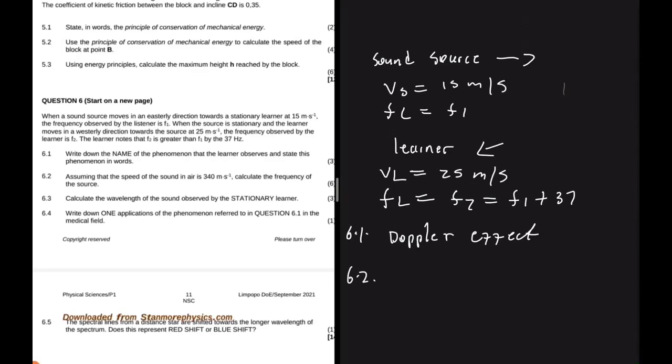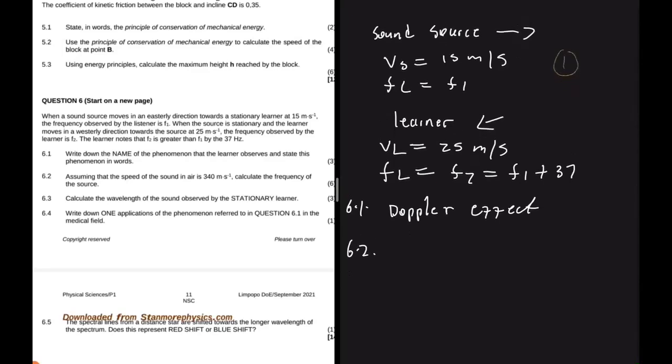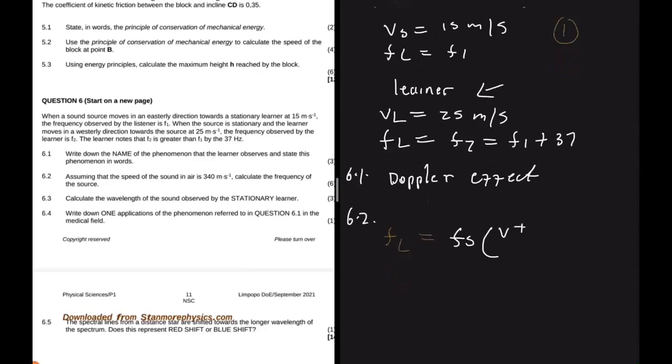This is our scenario 1, where the sound source is moving towards the listener with a velocity of 15 meters per second. So we know fully well that frequency observed is equal to the frequency emitted multiplied by v plus or minus the velocity of the listener divided by v plus or minus the velocity of the source, right?